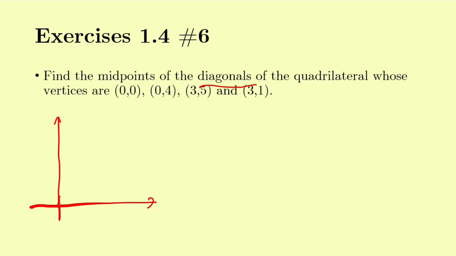So let's plot. First, we have 0, 0. Then we have 0, 4. And then we have 1, 2, 3. Somewhere here, we have 3, 5. And we have 3, 1 here.